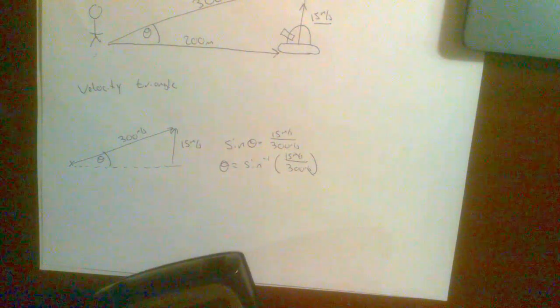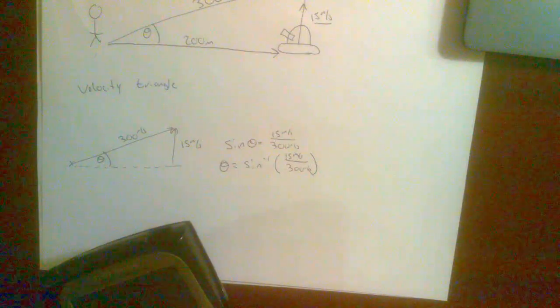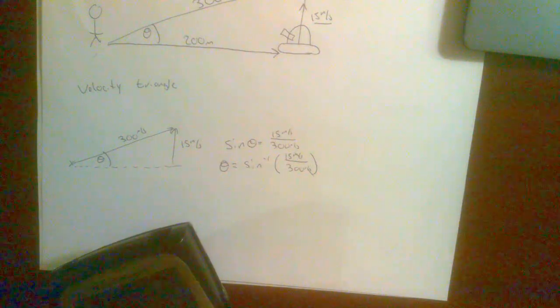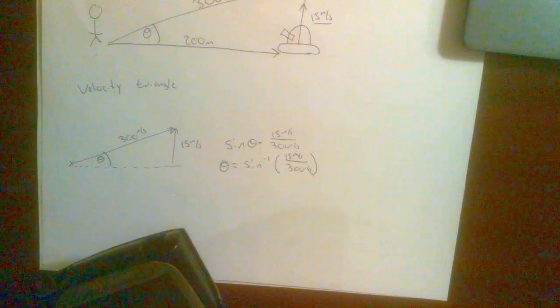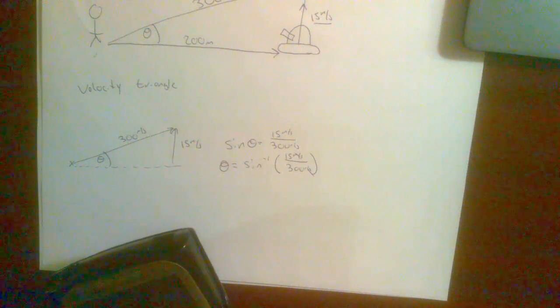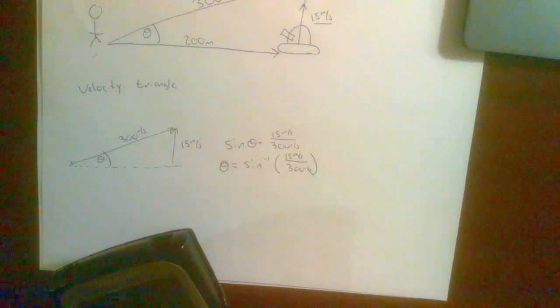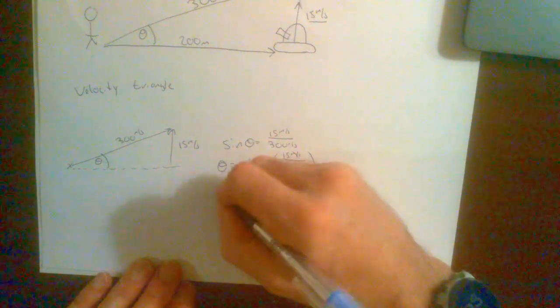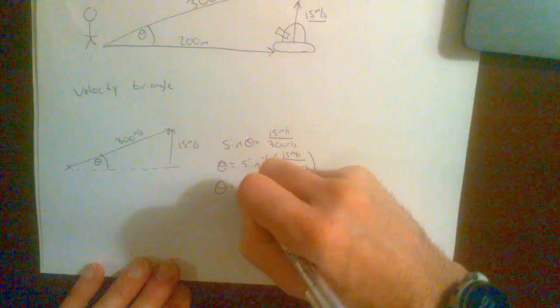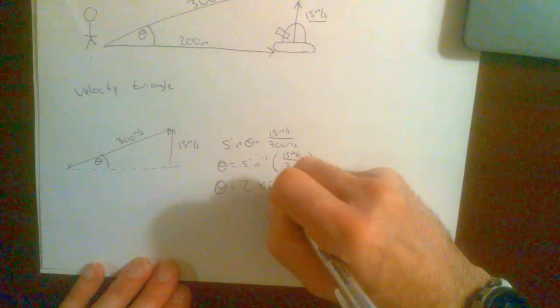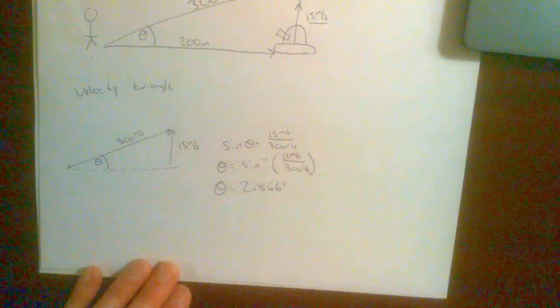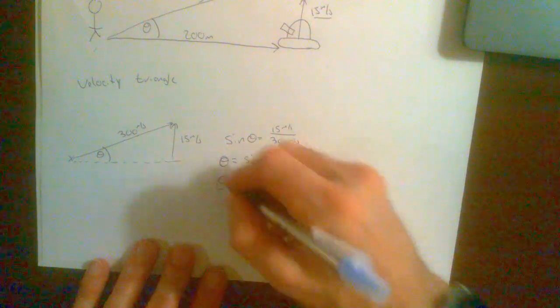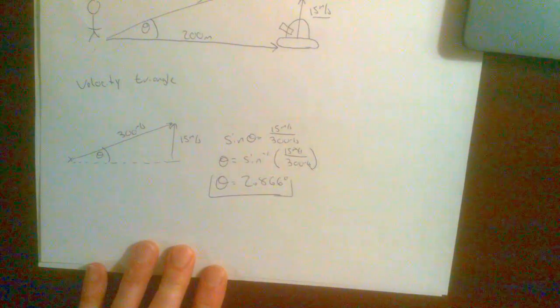I have the inverse sine of 15 over 300, and I get 2.8659. I'm going to call it 2.866. I'm going to carry an extra decimal. Theta is equal to 2.866 degrees. I'm just going to carry that extra decimal so I'm a little bit more accurate with my answer.